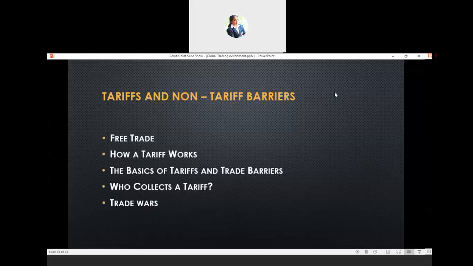Usually a trade war begins when one of the countries perceives that a competitor nation has unfair trade practices.